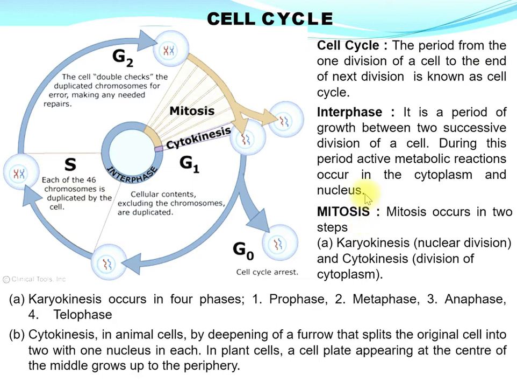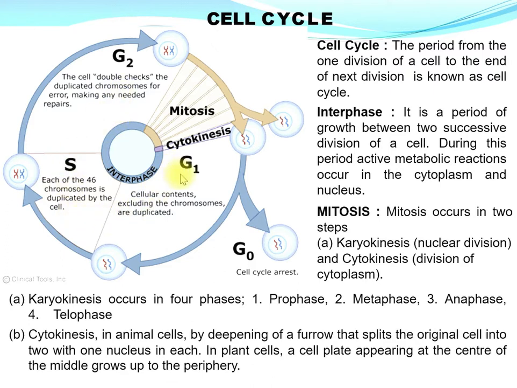So in the interphase, what happens? It is the period of growth between two successive divisions of a cell, and in this period the cell grows in size and attains the parent cell size and shape, and the chromosomal matter and the cytoplasmic matter also get doubled. So interphase involves three stages, G1, S, and G2 phase.